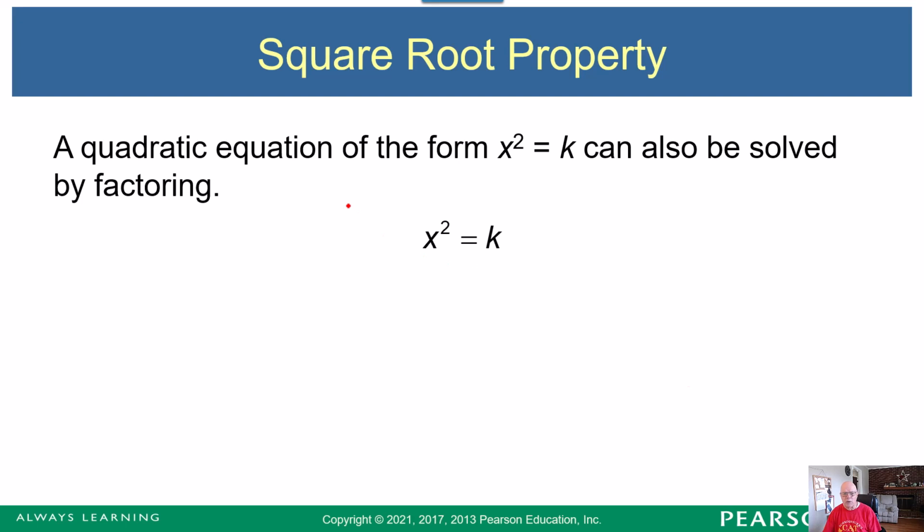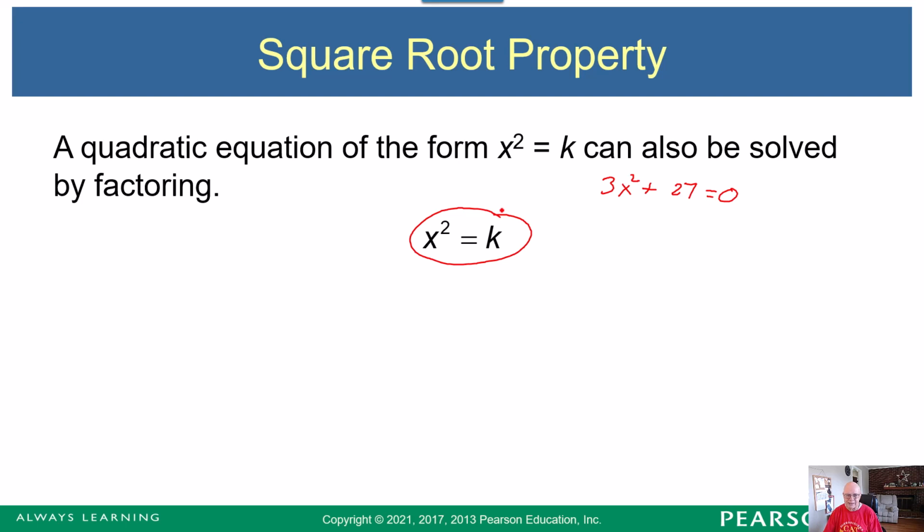Now, there's another way we can do this. If it turns out that we don't have any x term, for example, if we had 3x squared plus, let's say, 27 equals 0. If we can write it similar to this, then this whole thing becomes really easy.